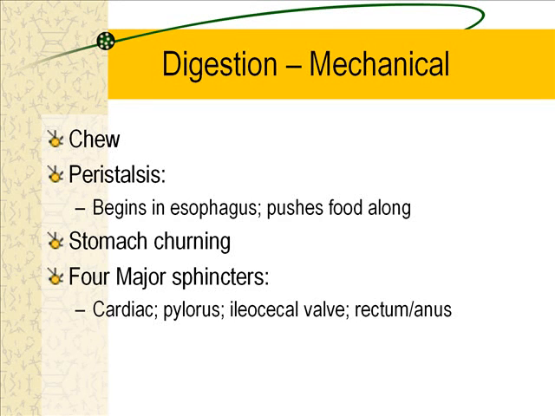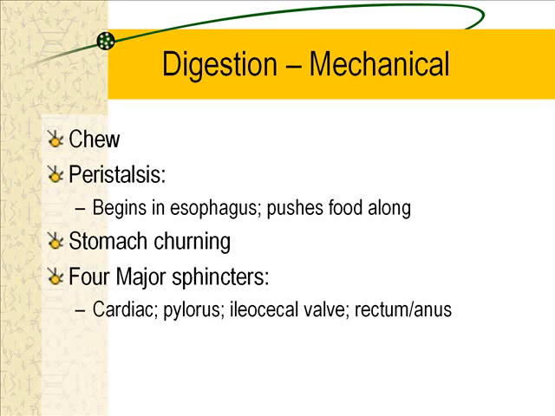So we take a large particle and we break it down into smaller pieces by masticating with our teeth. Next, as it moves down the esophagus, peristalsis begins to push the food along, and as that muscular action squeezes our GI tract and creates that wave-like movement, it also mechanically breaks down the food to a certain extent.